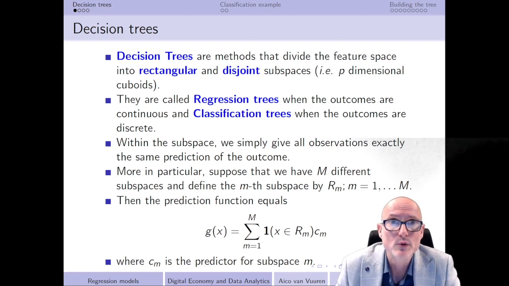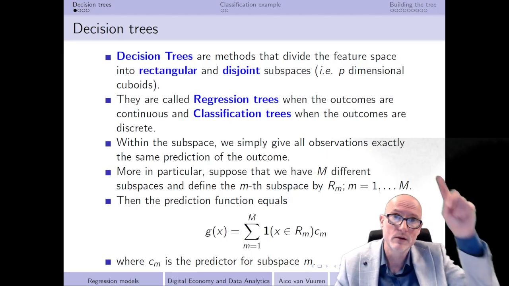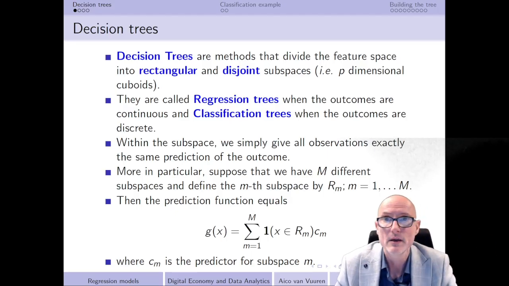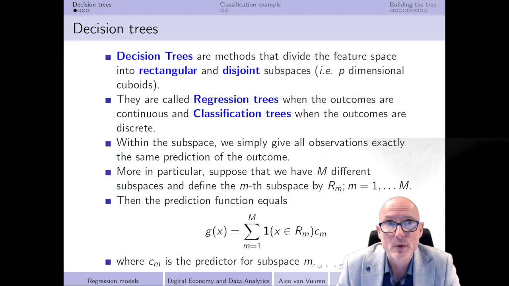At the moment that we have two features, they are squares. At the moment that we have p equal to 3, we have cuboids. And in a fourth, fifth, etc. dimension, it's not possible to say anything about that anymore, which makes some sense, but they are generally called cuboids.